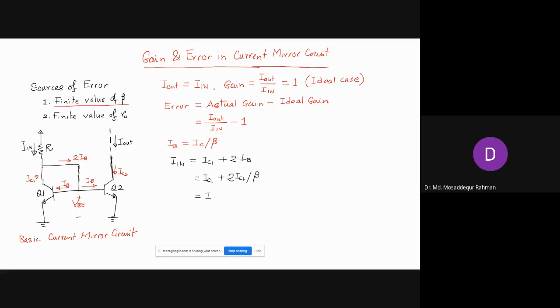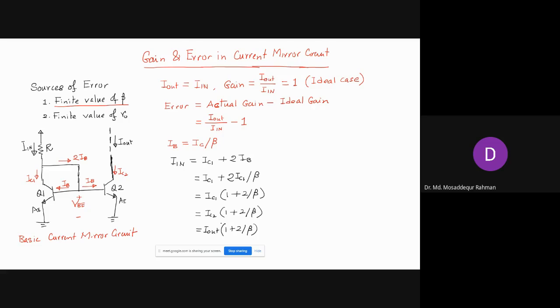And then we can write it as IC1 times 1 plus 2 by beta. Since the bases are tied together, they have the same base to emitter voltages, so these two currents will be the same, assuming that these two transistors are identical and have the same emitter cross-sectional areas, right? So IC1 equals IC2, and so that will be IC2 times 1 plus 2 by beta, and IC2 is the same as I out, so we write I out times 1 plus 2 by beta.